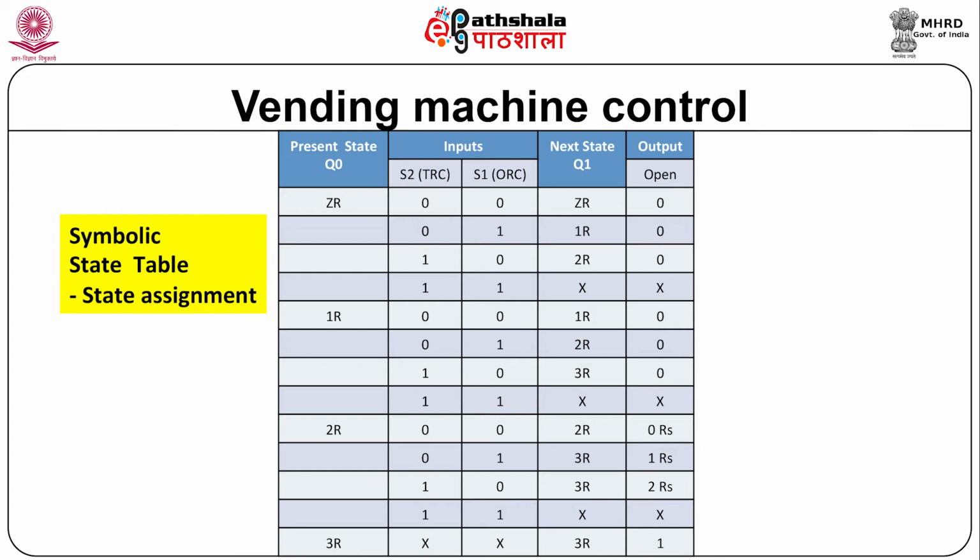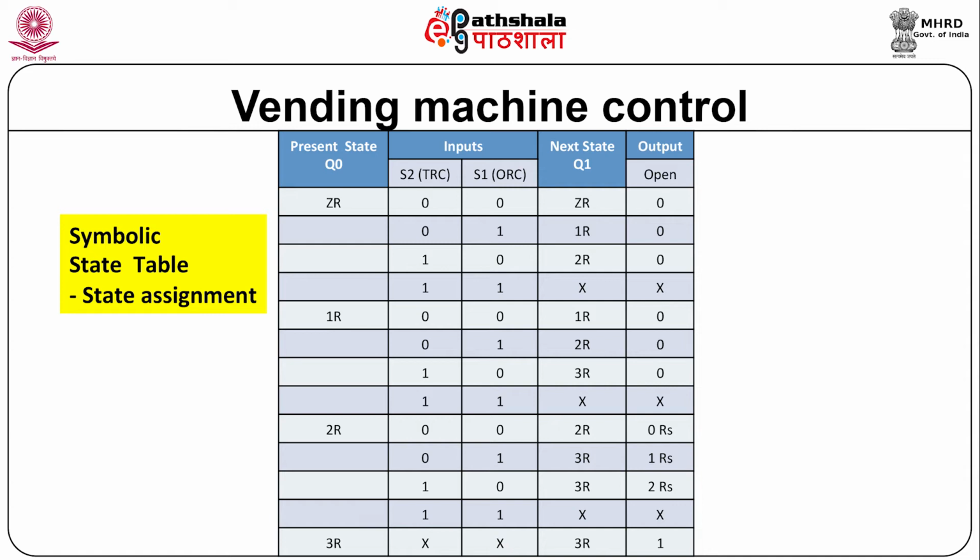Let us prepare a symbolic state table which includes present state, next state along with inputs and outputs. We can fill the state table from the state diagram. For example, the present state to next state transition depends on inputs.